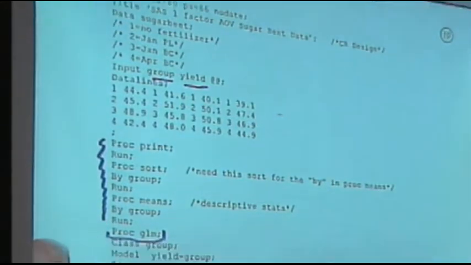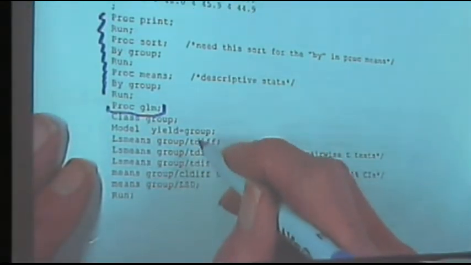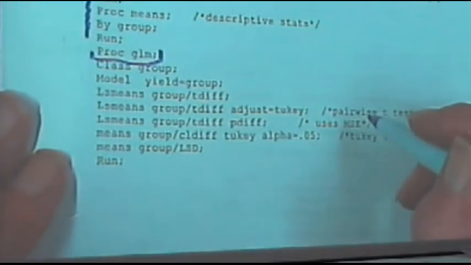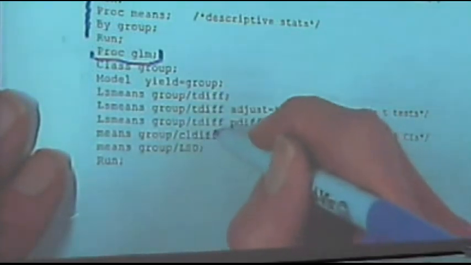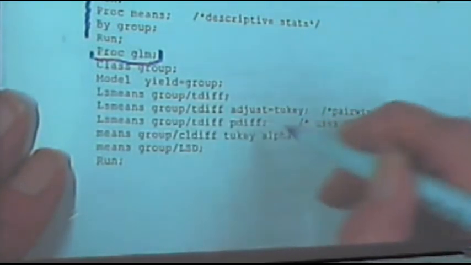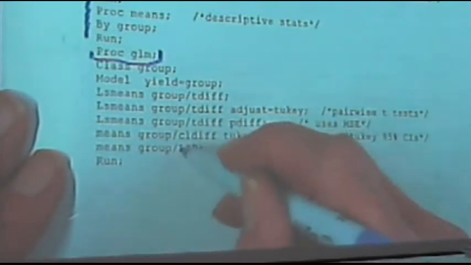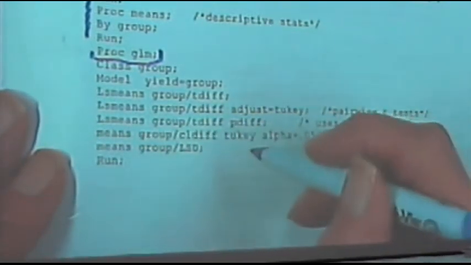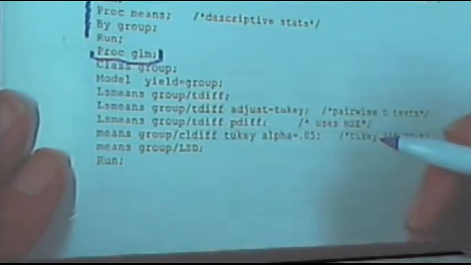LSMeans group slash tdiff. LSMeans group slash tdiff adjust equal Tukey. And then LSMeans group slash tdiff pdiff. Then means group slash cldiff, that's the confidence limits now, Tukey, alpha equal .05.